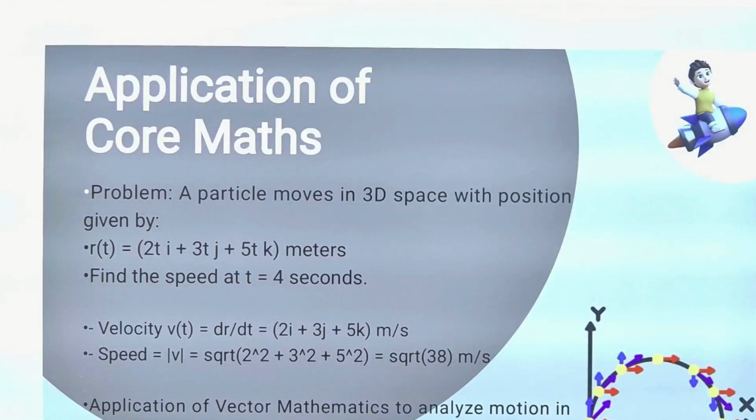Let's look at one of the applications of core mathematics. Now this slide shows you the motion of a particle in 3D space whose position is given by a vector. So this is the application of vector mathematics to analyze the motion of a particle in physics.